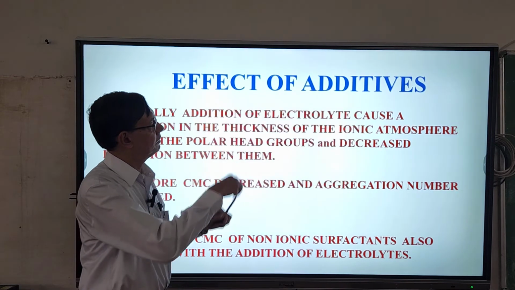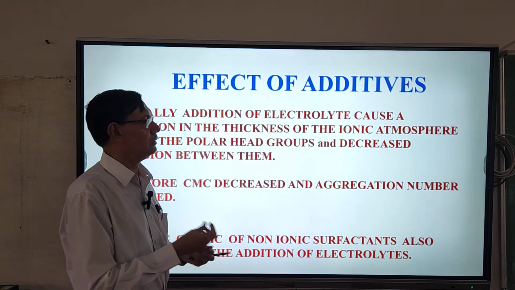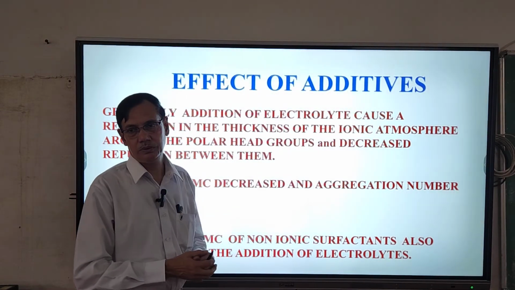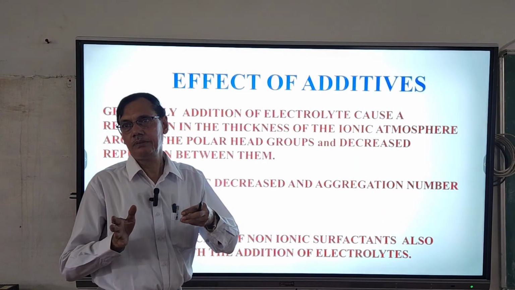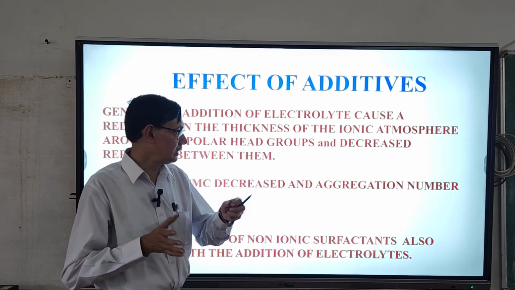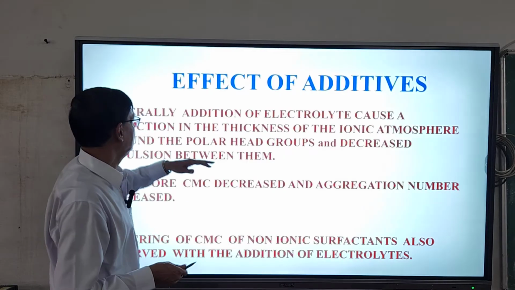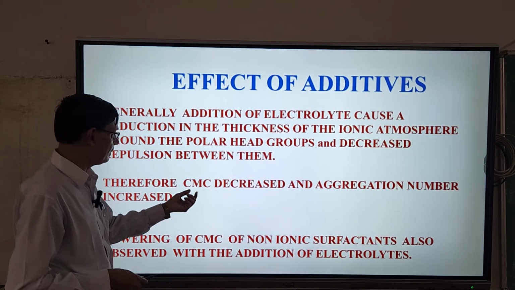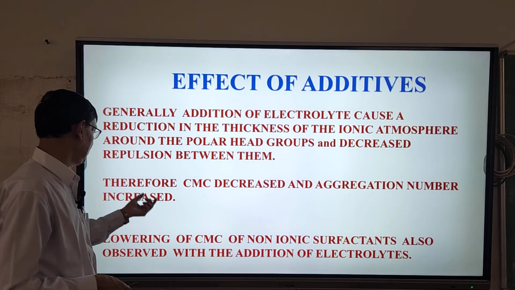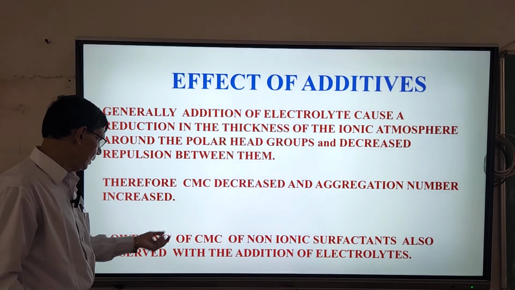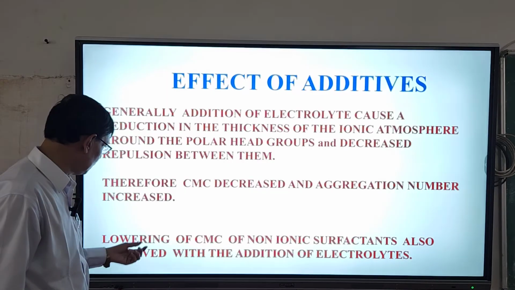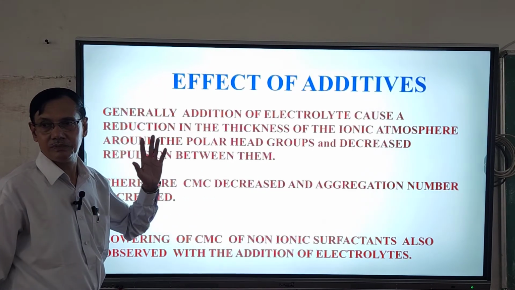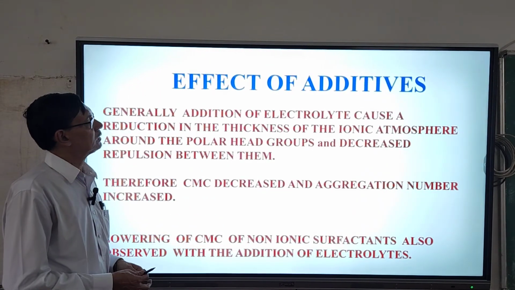If I add some electrolytes, they will sit in between the two head groups, so their repulsion will be less. Naturally, the CMC will be decreased. Therefore, CMC decreases and aggregation number increases. Lowering of CMC of non-ionic surfactant is also observed with the same thing. So, that is the effect of additives.